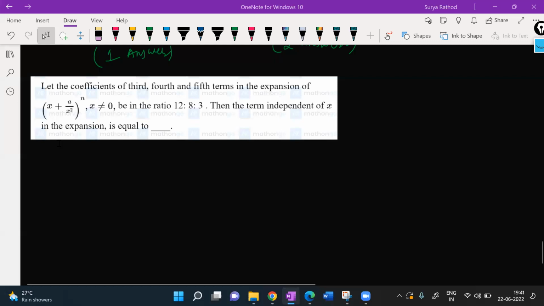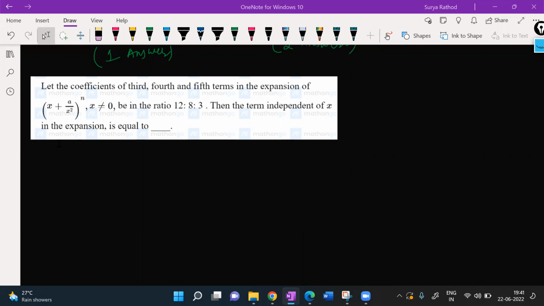Yes, what happened, guys? Let the coefficients of the third, fourth and fifth terms in the expansion of (x + a/x^2)^n, x not equal to 0, be in the ratio 112 is to 8 is to 3.